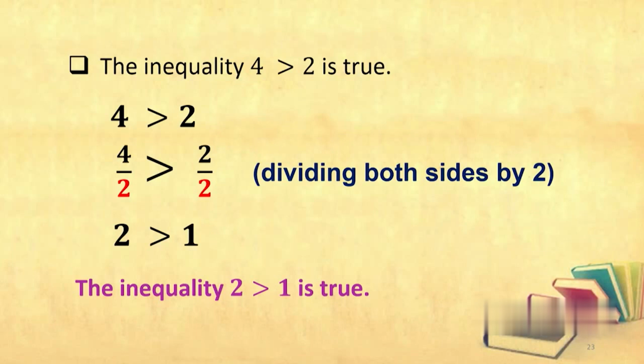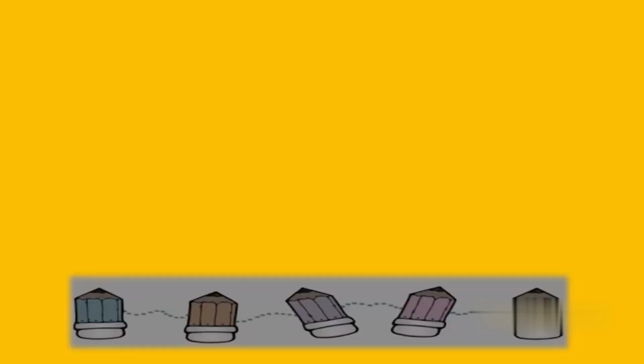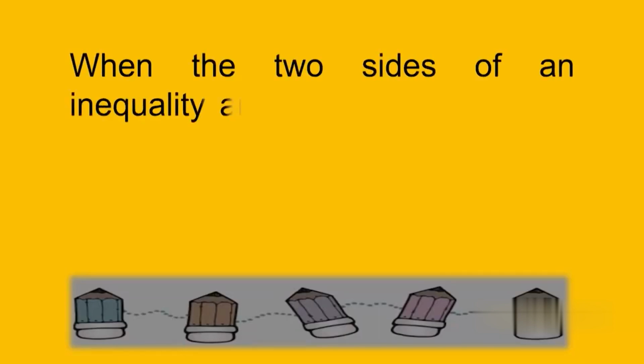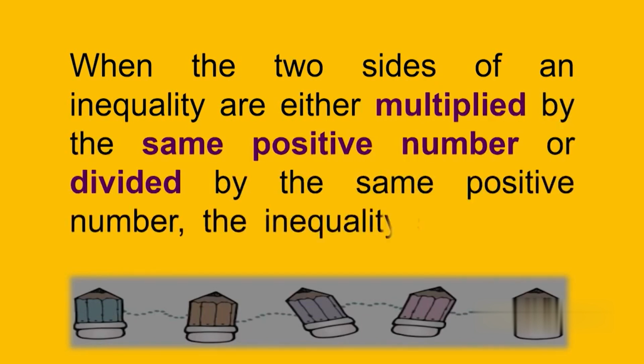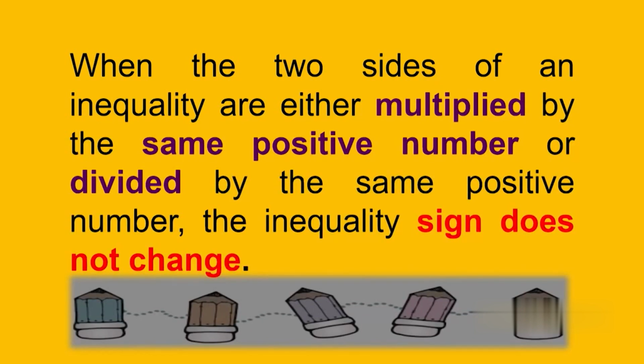So what is the conclusion? Can you guess the conclusion? When the two sides of an inequality are either multiplied by the same positive number or divided by the same positive number, the inequality sign does not change. Read it again.